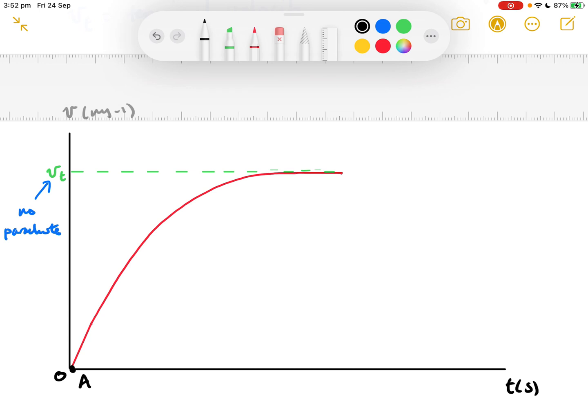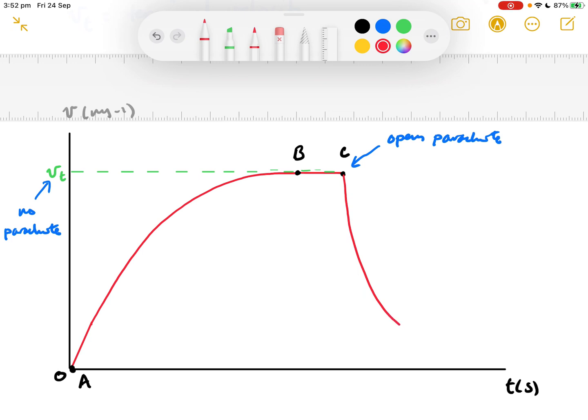So if he begins at point A, he reaches a terminal velocity at roughly point B, and he continues to point C. If at this point, point C, he opens the parachute, then he suddenly experiences a huge upwards drag force, much bigger than his weight. So there is a rapid deceleration, and he does this.